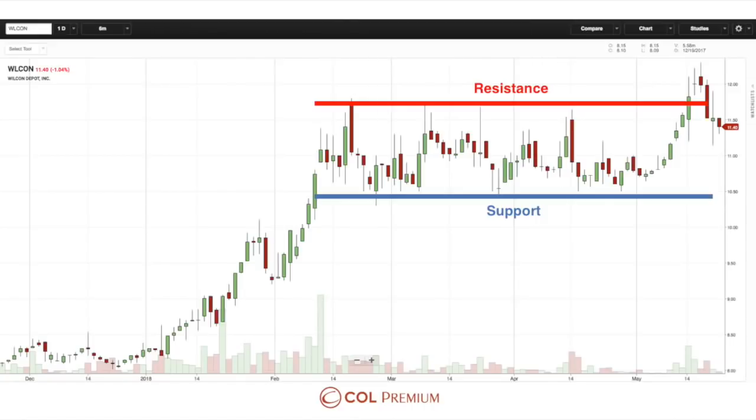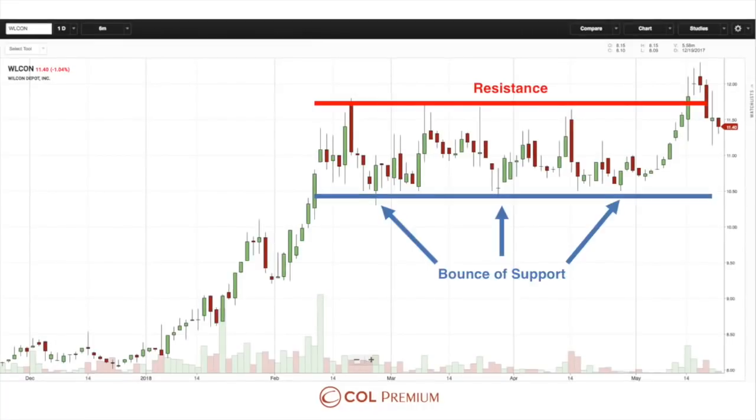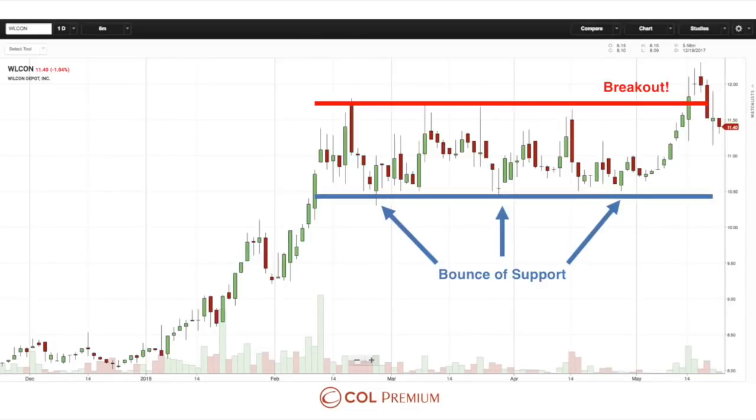You see here, this is your support line. So where are the bounces of support? First, second, you have a bounce of support area over here, right? Or a breakout of an area pattern resistance. Is this an area pattern resistance? Yes. And do we have a breakout that happened 3 days ago? Yes.